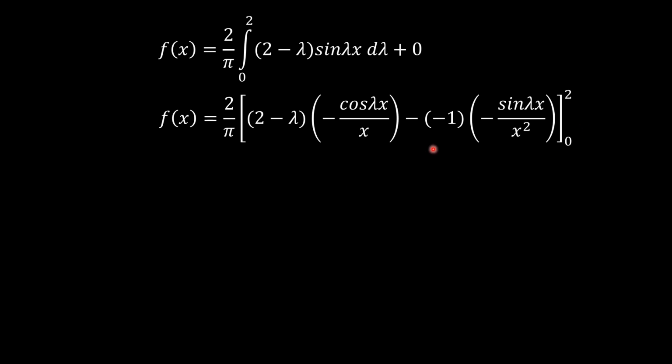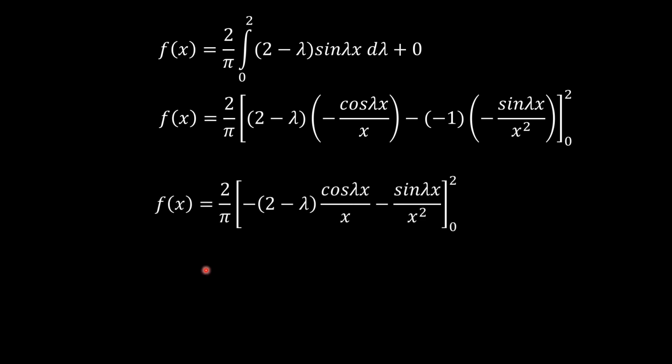Now simplify these terms. Perform the multiplication of all the minus signs. So that will give us (2/π) [−(2 − λ) cos(λx)/x, three times multiplication of −1, so it is −1 times sin(λx)/x²], limits from 0 to 2.